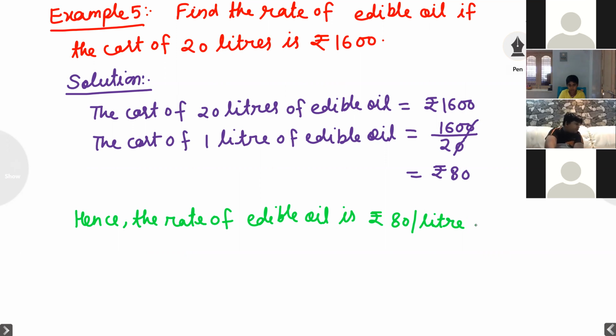Students, everyone note down the project. This project you have to submit. Take one chart paper. On the chart paper, you have to write about ratio.